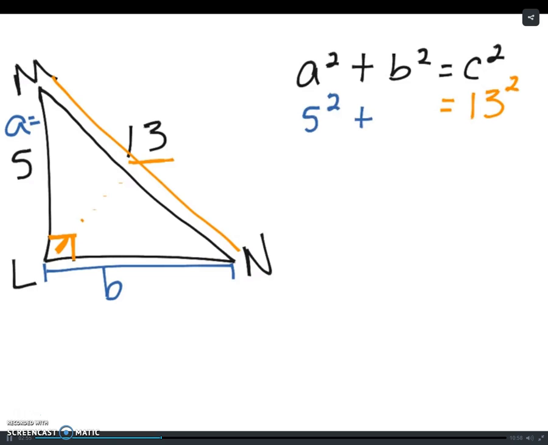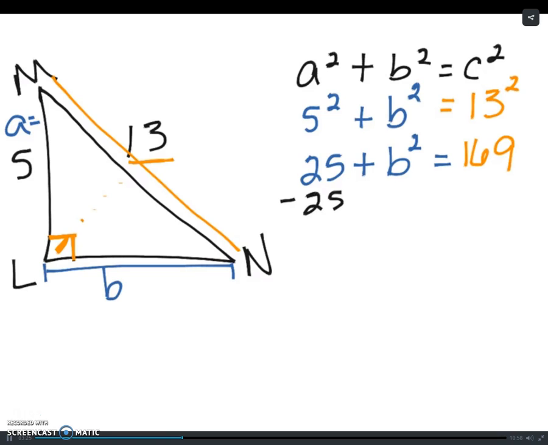Okay. And again, which leg is A and which leg is B does not matter. So if you had A squared plus 5 squared on the left here, that would be fine. Our next step is to go ahead and square each of the numbers. And when we do that, we end up with what should look like a pretty normal algebraic equation at this point. So we're going to subtract 25 from both sides.